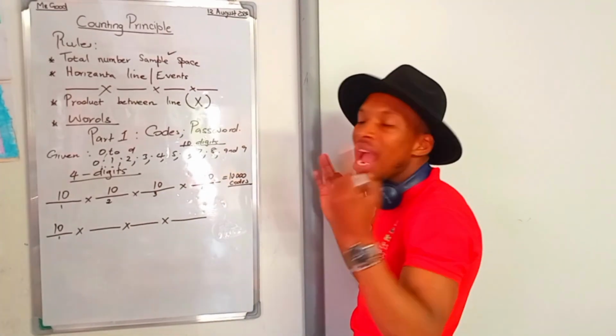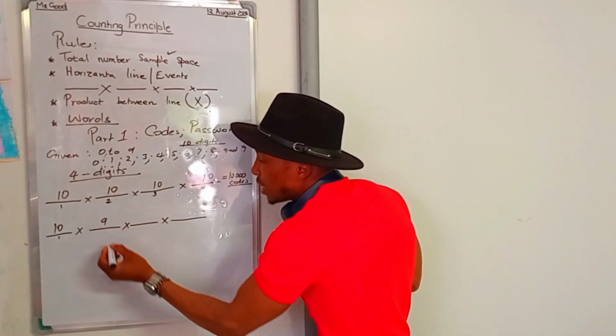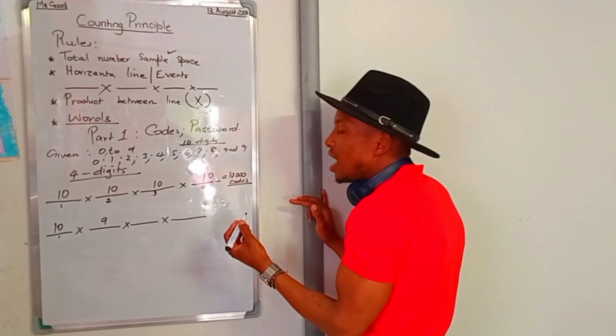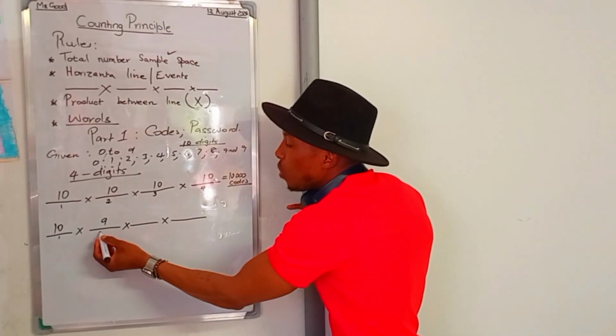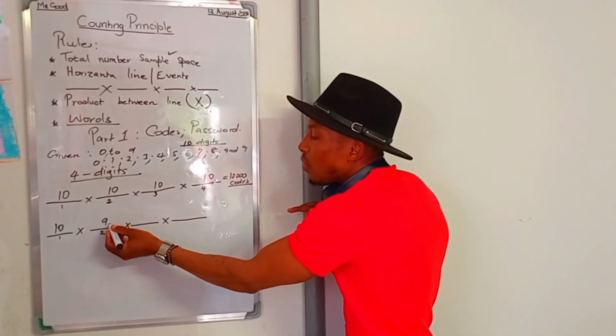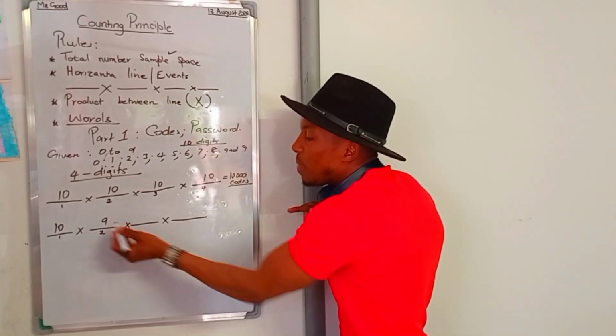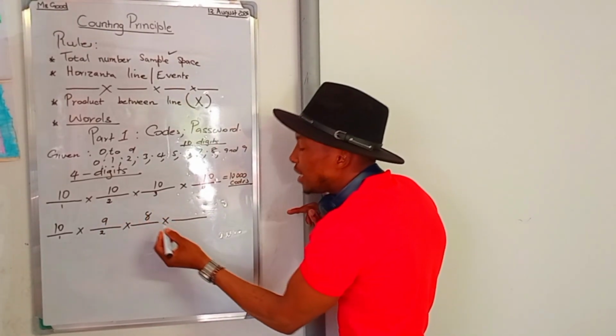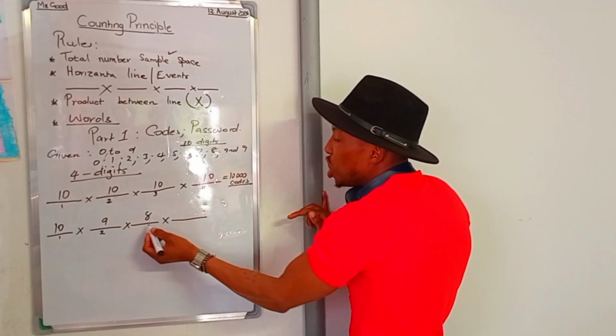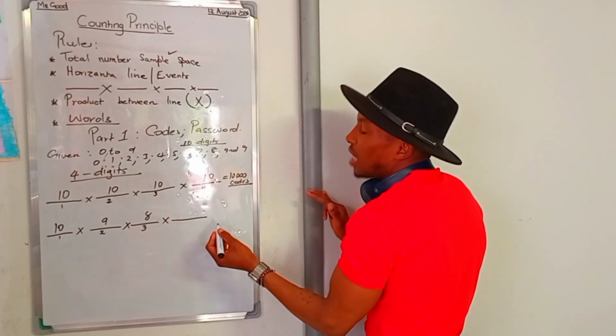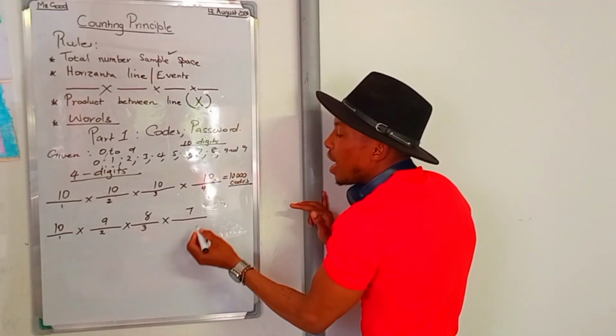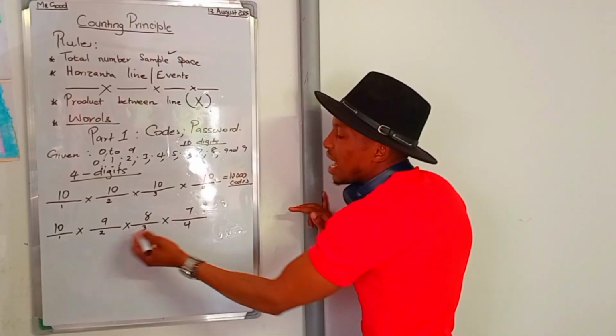We have 9 numbers left, so we put 9 here. Then we use one more number, so we are left with 8 numbers. Then again we use another number out of 10, and we are left with 7 numbers.